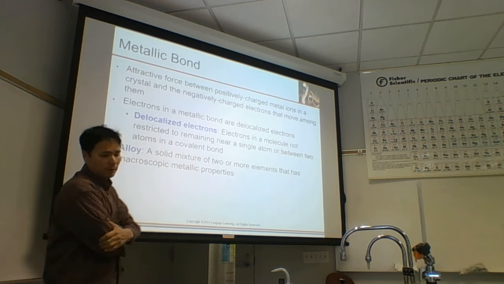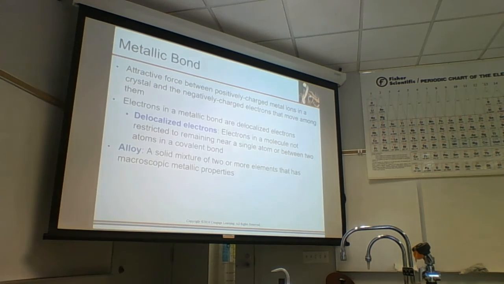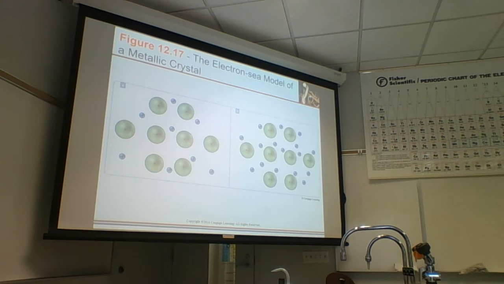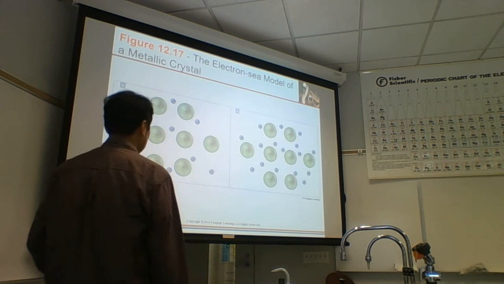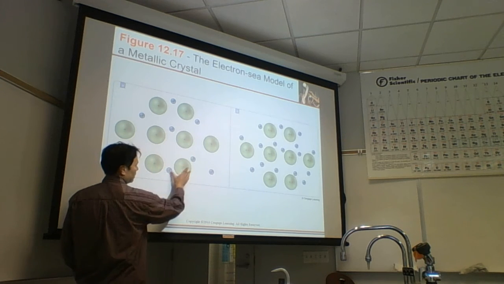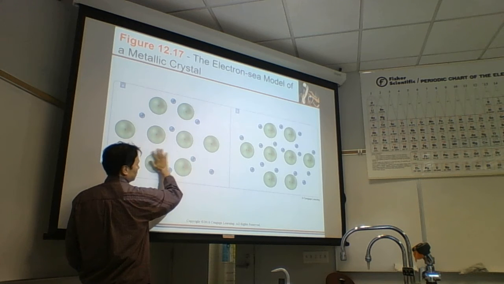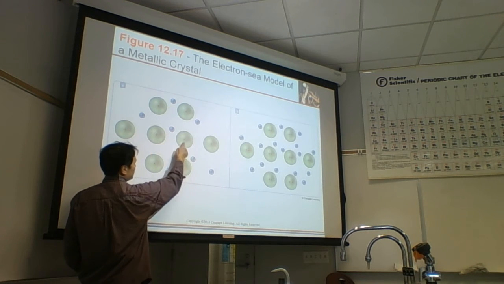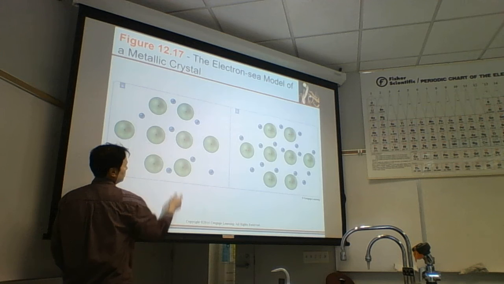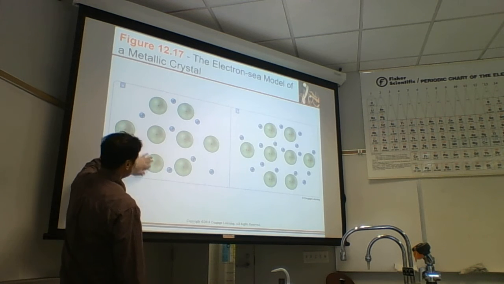And the way we think about metals is like this. Metals have very loosely held electrons. And those electrons aren't held tightly to any particular atom. They just kind of move around like the ocean. However, the atoms are fixed, like pure ions in the ocean. So this would be like sodium.